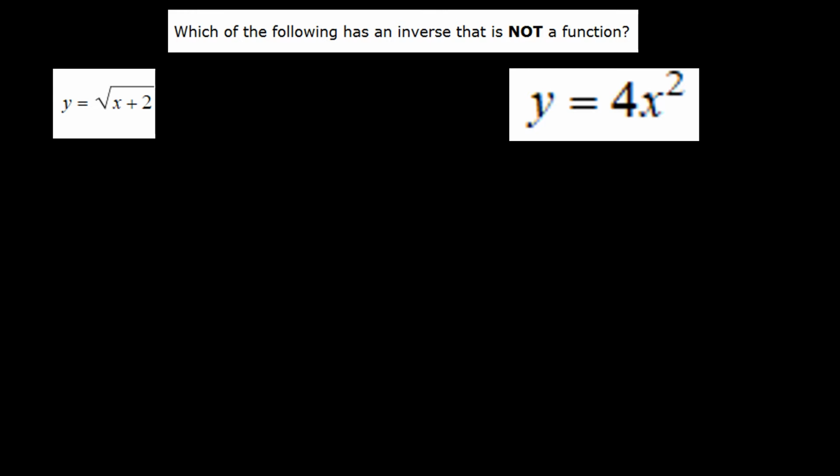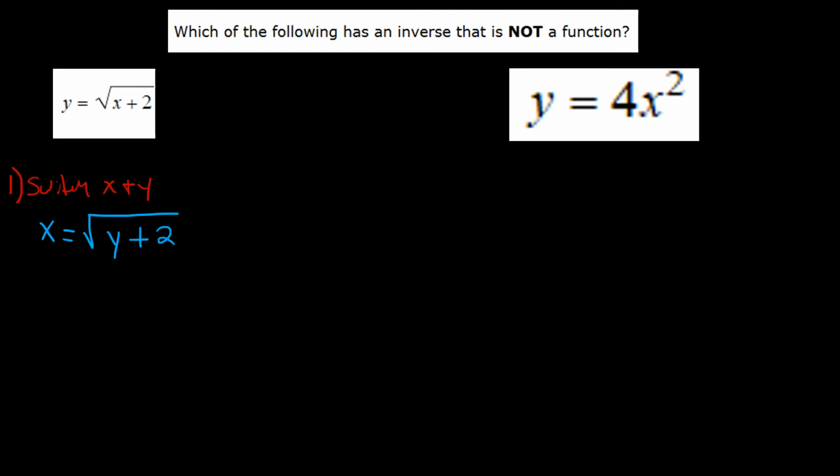If we have this equation here, y equals the square root of x plus 2, and I wanted to solve for the inverse of this, well, we first know that we need to switch x and y. So when we rewrite this, we would have x equals the square root of y plus 2.